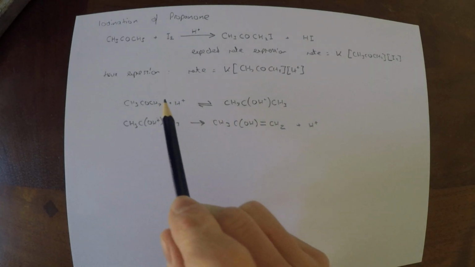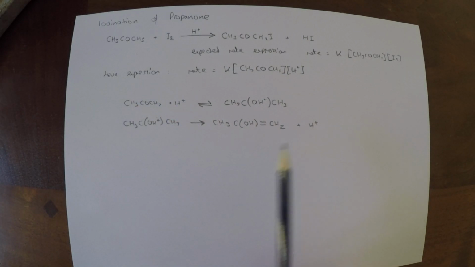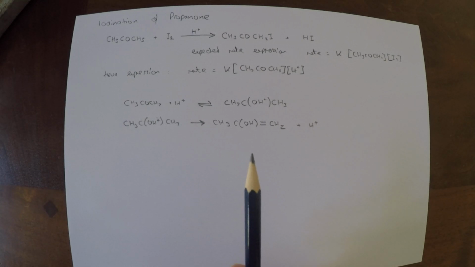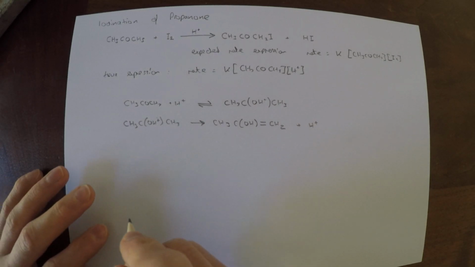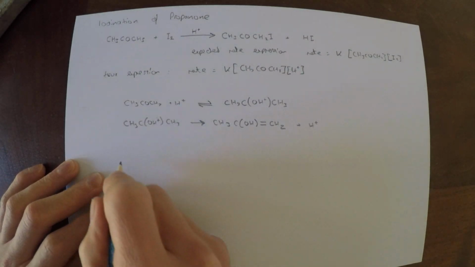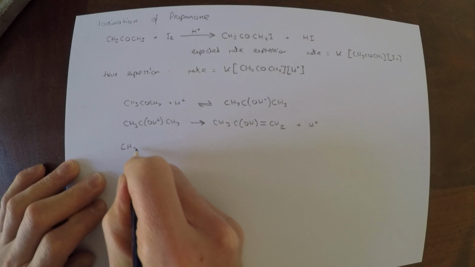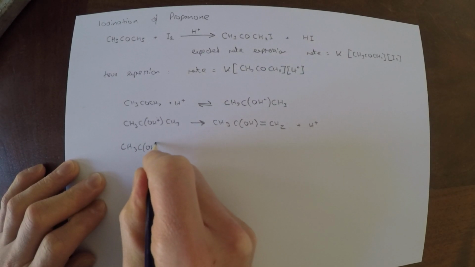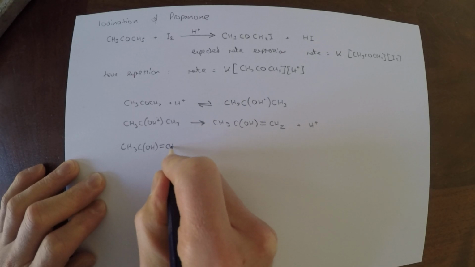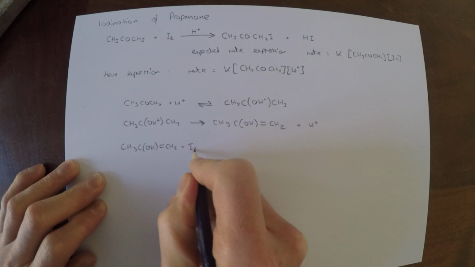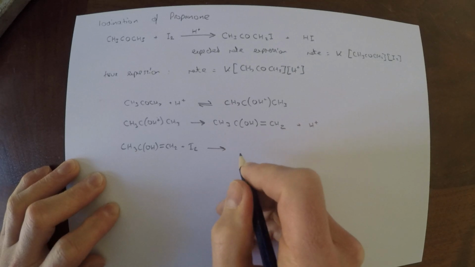The H+ is therefore a catalyst, since it is both used and released in the reaction and therefore is not consumed overall. The third step of the process involves the second intermediate reacting with the iodine to form the products.